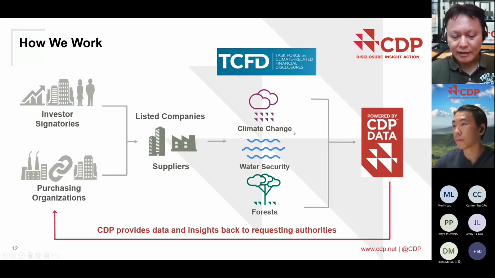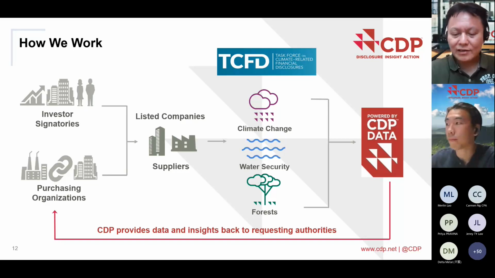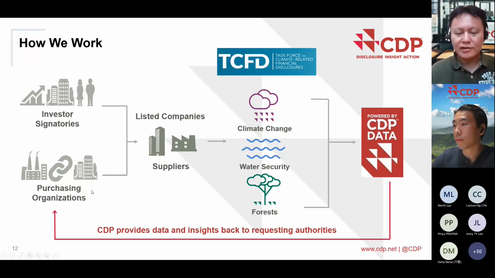So the history of CDP was that we realized that companies and suppliers actually were of great interest to their investors. The investors in the top left there, that's where you saw that number of 700 asset managers with $130 trillion of money asking companies to disclose. And you saw 280 supply chain leaders, major corporations in the world with massive supply chains, of which you might be part of them, with $6.5 trillion of purchasing power.